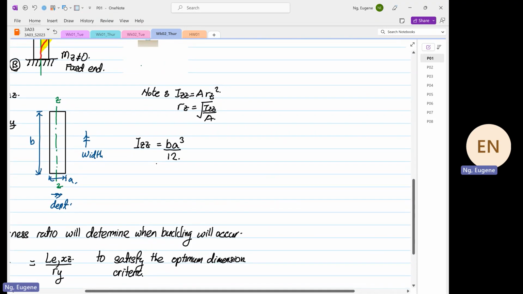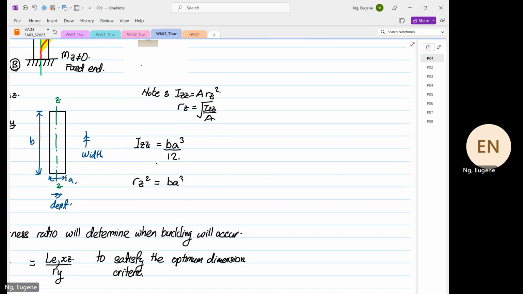So from here, we can also determine our RZ squared. I'm not going to square root yet. So RZ squared will be equal to IZZ, which is B A cubed over 12, and then divided by the area, which is B times A. So RZ squared is equal to A squared over 12.